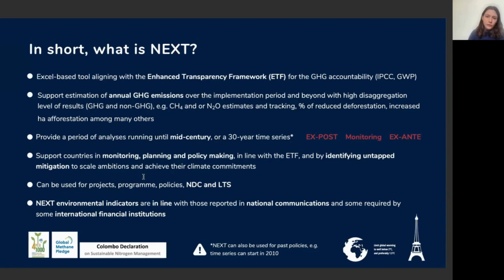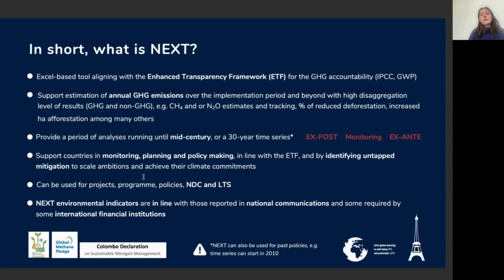The methodology that we used is that of the IPCC, and we are aligned with the recommendations of the enhanced transparency framework, because we want the tool to be used for national, official reports. So we were aware that we had to really align on the main rules of these reports.